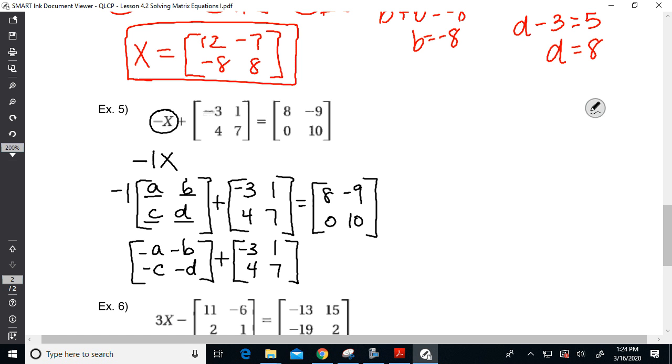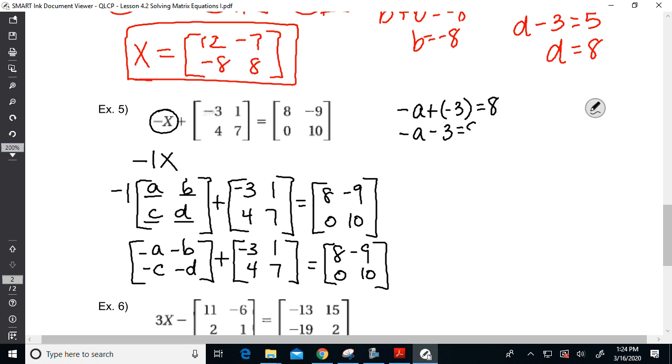Anything that's going to help you solve out the problem easier. But after that, same type of problem as we just finished solving. We match up part to part. So negative a matches up with the negative 3 and matches up with the 8. So that gives you negative a minus 3 equals 8.